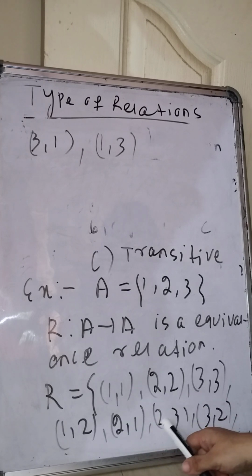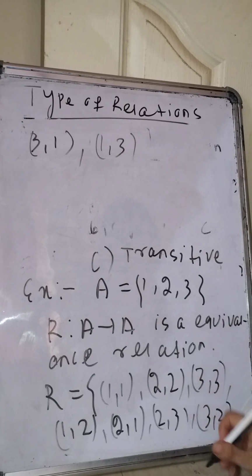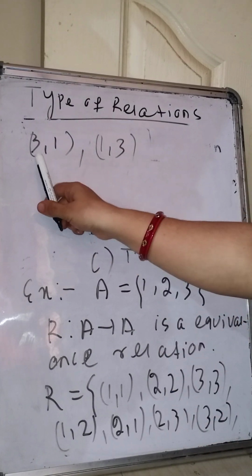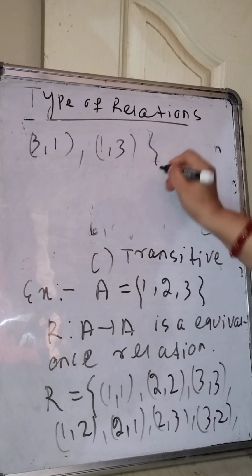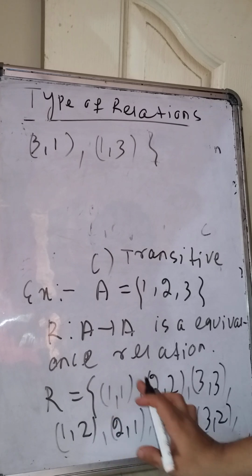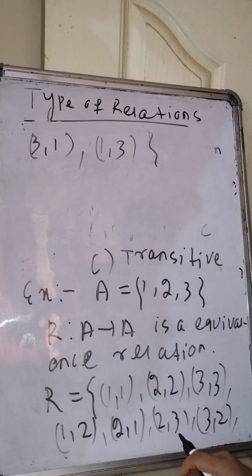If (2, 3) and (3, 2) are present, then (2, 2) must be present, and it is. Now (3, 1) present and (1, 3) present, so for transitive (3, 3) must be present, which is here. Now all these ordered pairs, this relation, is satisfying all three cases: reflexive, symmetric and transitive.